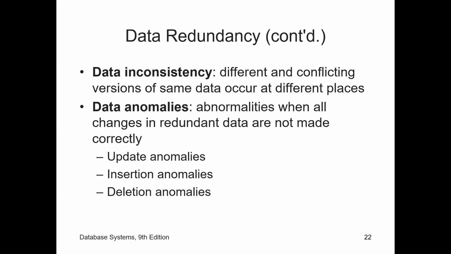Data redundancy, continued. Data redundancy also leads to data inconsistency. Data inconsistency exists when different and conflicting versions of the same data appear in different places. Data anomalies. The dictionary defines anomaly as an abnormality.